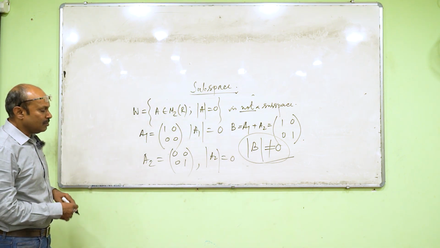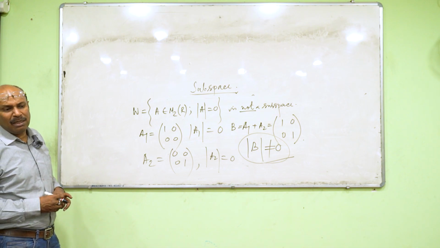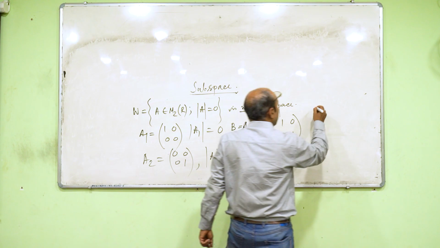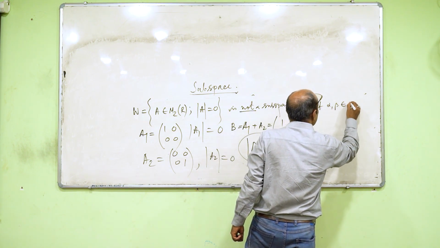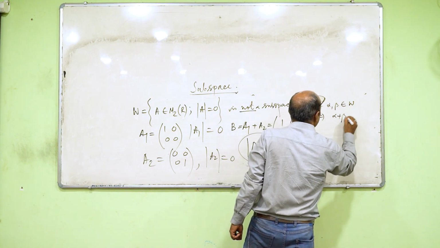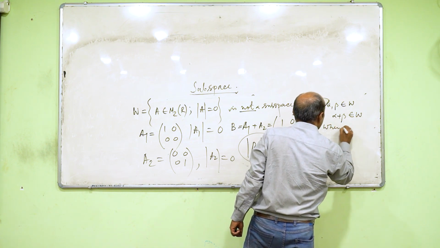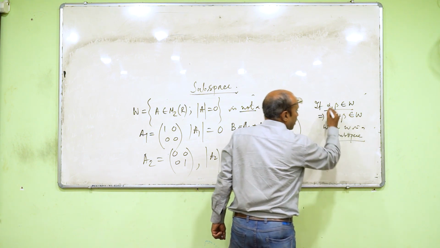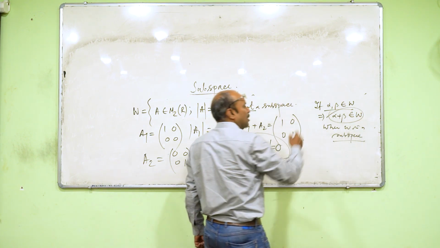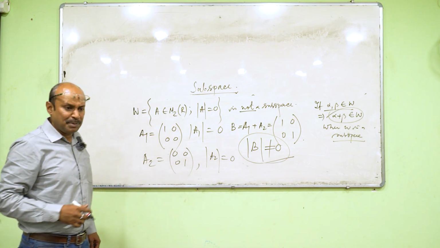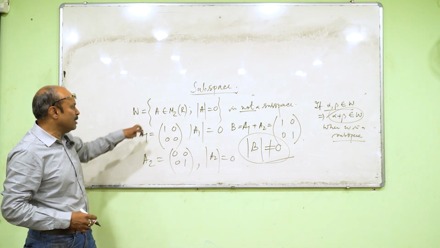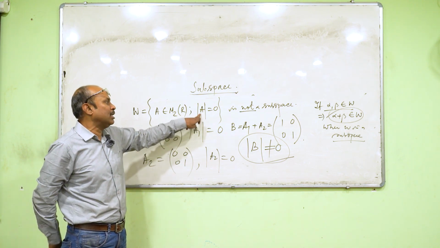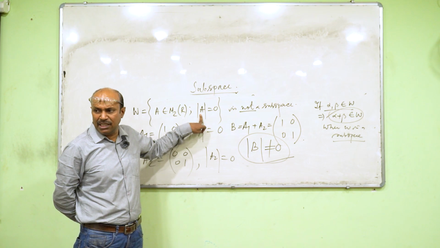That means it does not satisfy the basic condition of a subspace. We know that if alpha, beta belong to W, then alpha plus beta also belongs to W, when W is a subspace. But here we take two elements from capital W, A1 and A2, and both satisfy the basic condition of capital W, that the determinant of the matrix is 0.